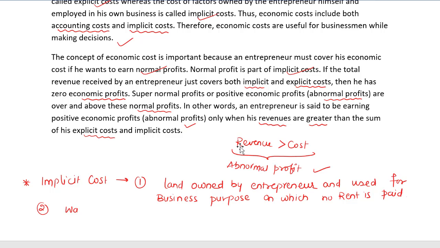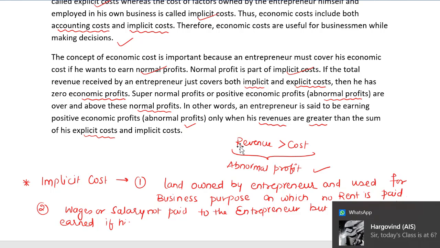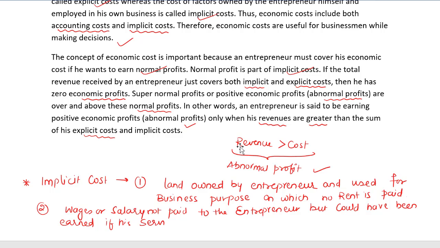So, land. Number two, wages or salaries not paid to the entrepreneur, but could have been earned if his services had been sold somewhere else, that is, if he were employed in another firm.